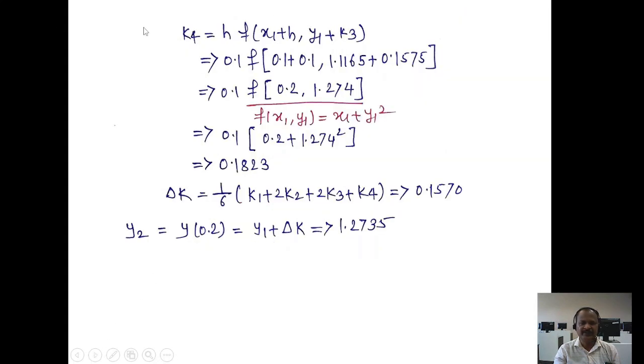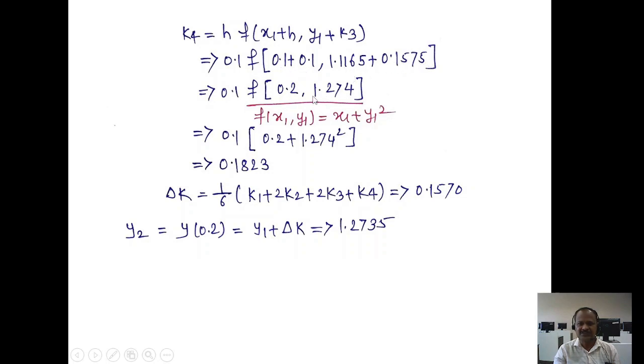Now we have to find k4. So the formula we have to write first. So k4 is equal to h into f of x1 plus h comma y1 plus k3. The value of h is 0.1, f of x1, which is 0.1 plus h, which is 0.1, comma y1, which is 1.1165 plus k3, which is 0.1575. So make addition here, it is 0.2.